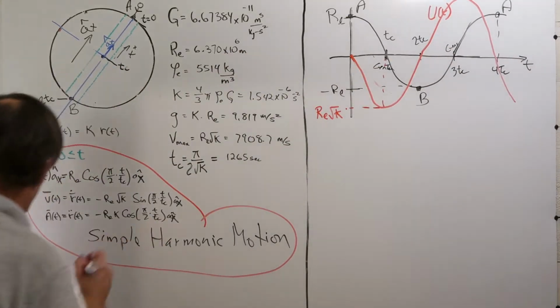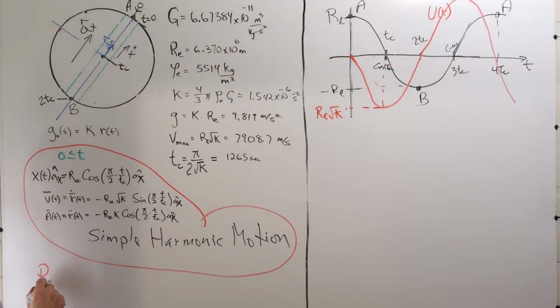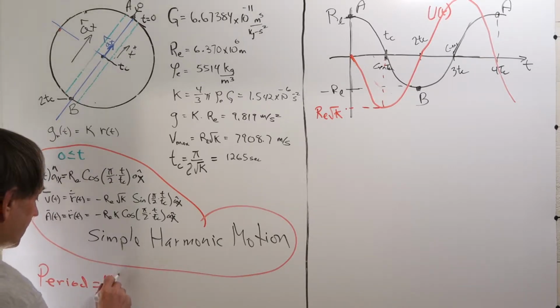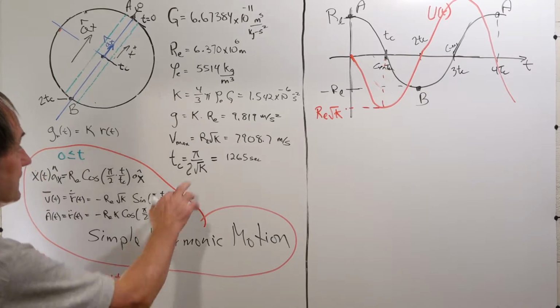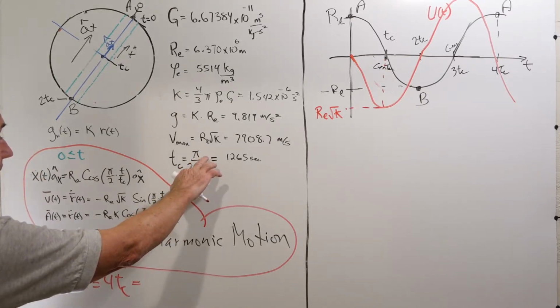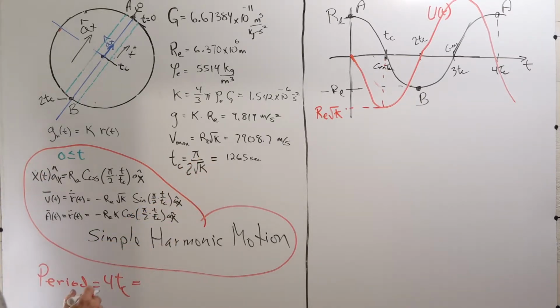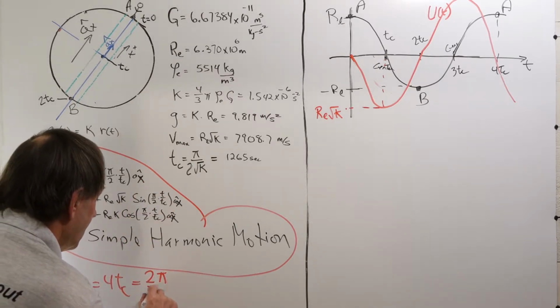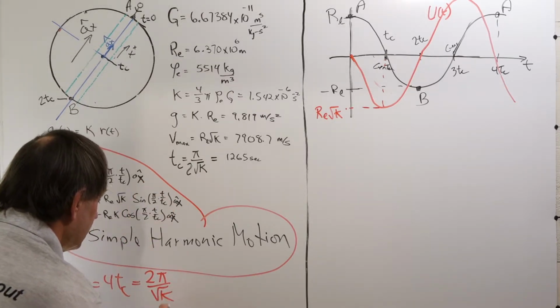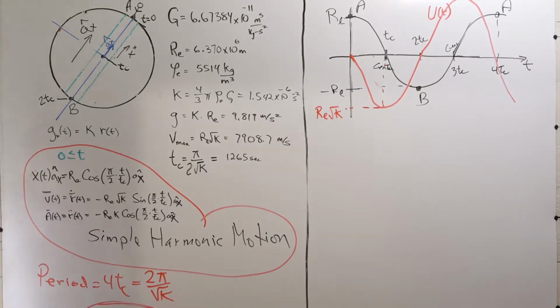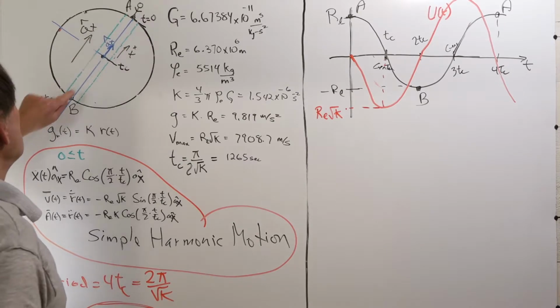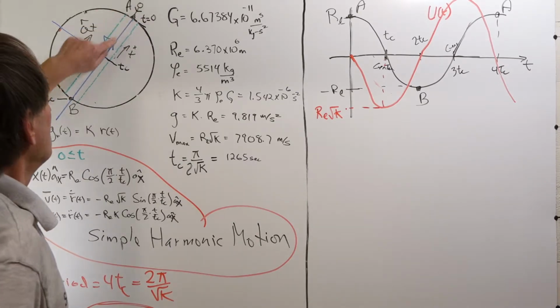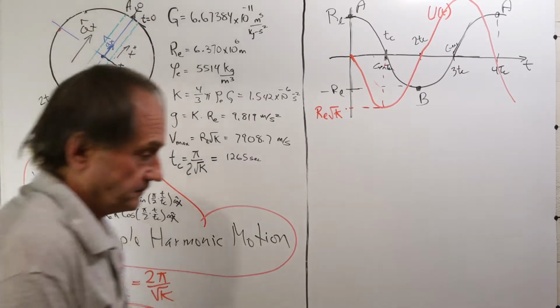So we have a simple harmonic motion with a period equal to 4tc, and tc is pi over 2 times the square root of k, so 4 times that is 2 pi over the square root of k. That is the period of our harmonic motion as we move back and forth through the hole in the Earth.